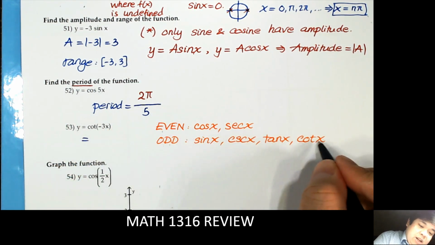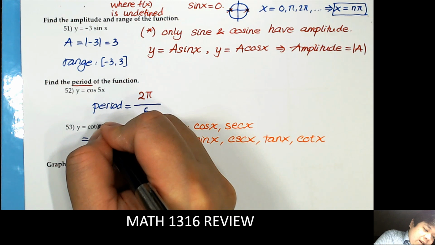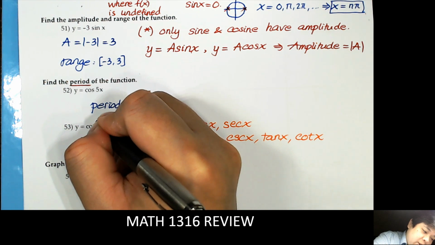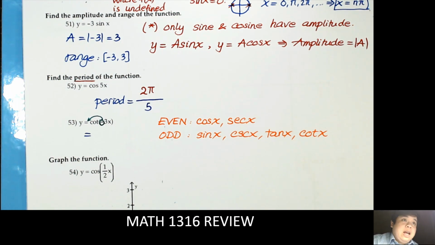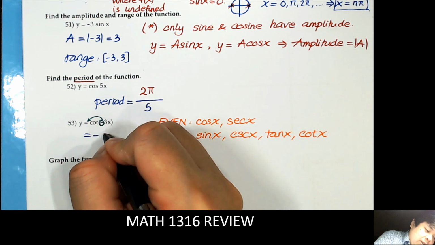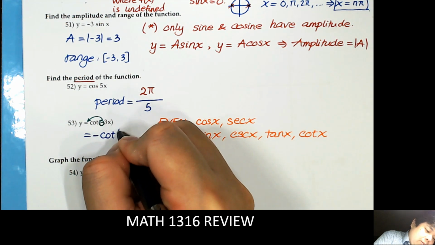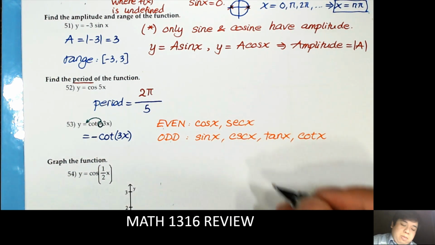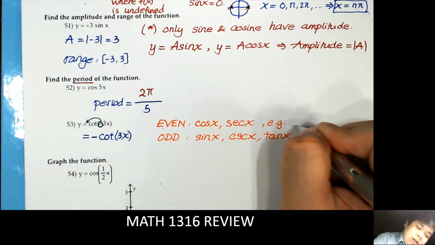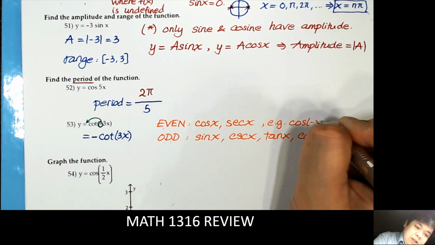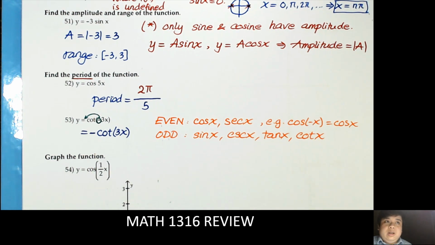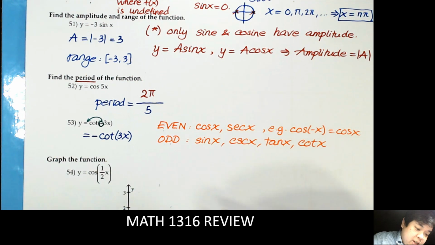Because cotangent is odd, the negative here can be moved outside. That only works for an odd function. If it is an even function, then the negative just disappears. For example, we can write cosine of -x is the same thing as cosine of x. For an even function, that negative just disappears. So we have that. And finally, the coefficient of x is 3.